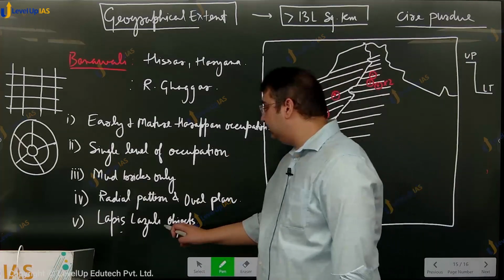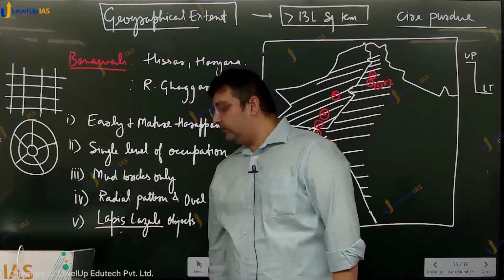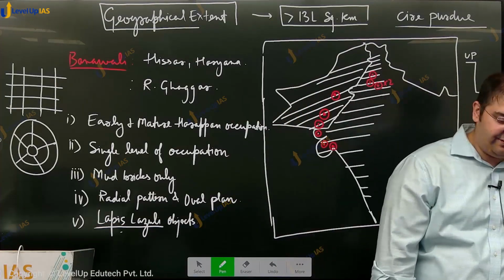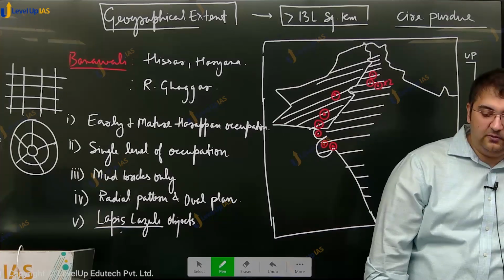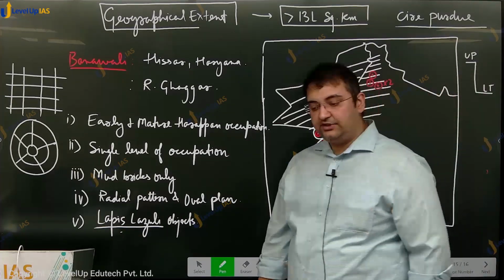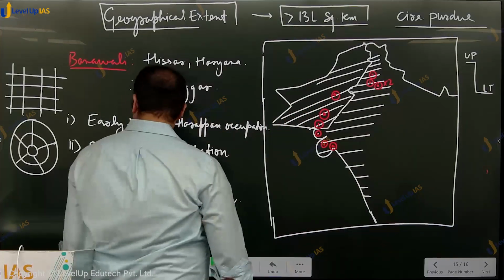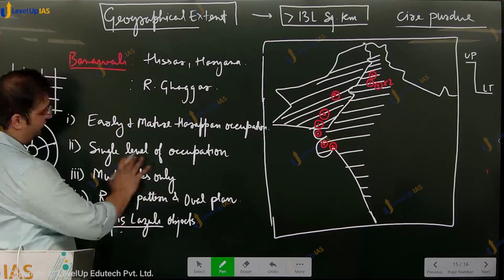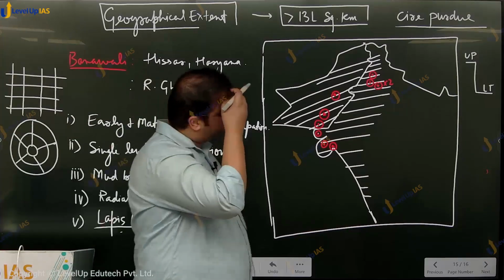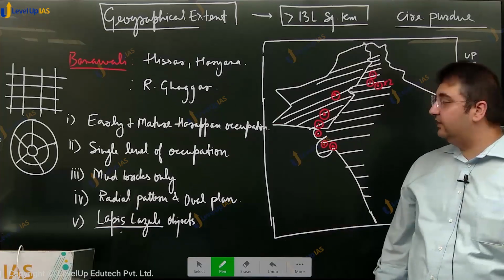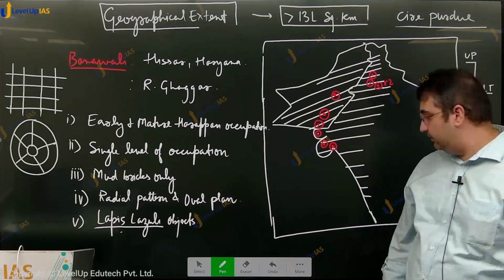Lapis lazuli is a semi-precious stone which is bright blue in color. There is only one place in the entire world where it is found, that is in the Wakhan corridor of the Badakhshan Valley in Afghanistan. ठीक है, केवल वहां से मिलता है. And finally, हाँ, single level of occupation ये बता दिया है. So these are the important Harappan towns and the important discoveries over here.